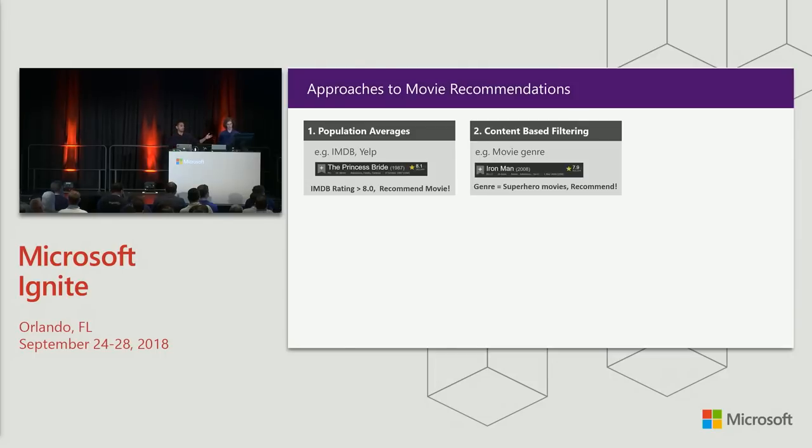Another approach that you could take as you're building a movie recommender is to use content-based filtering. By content-based filtering, what we mean here is that you take into account user preferences. For example, let's say you have a user who likes watching superhero movies, and this user has seen Iron Man or Avengers and likes these movies.